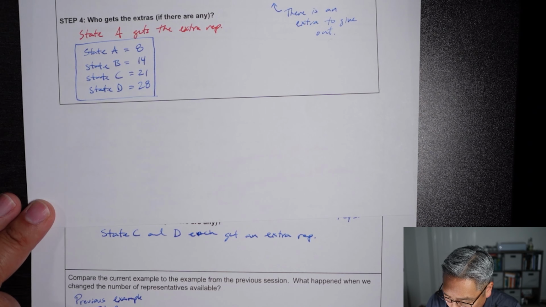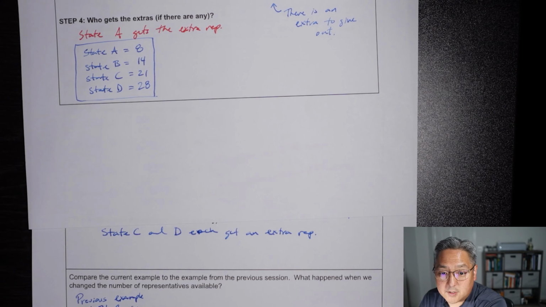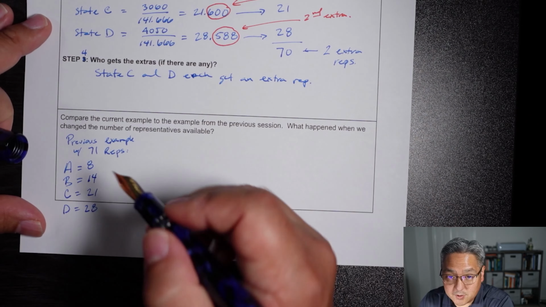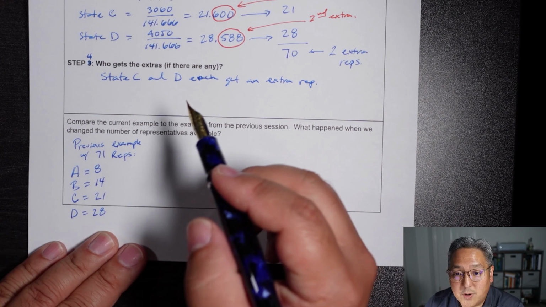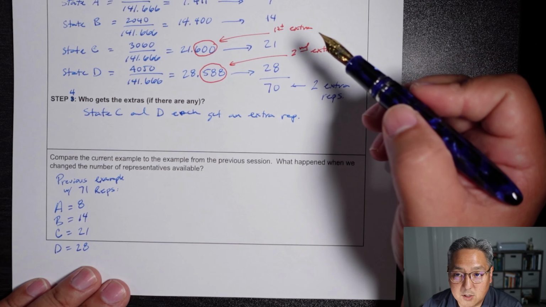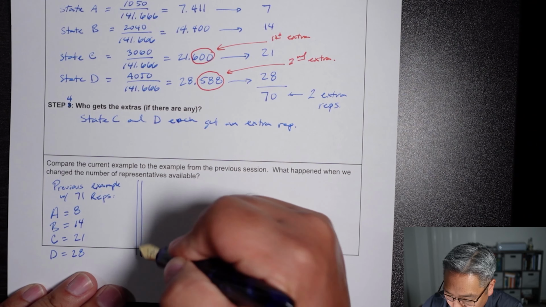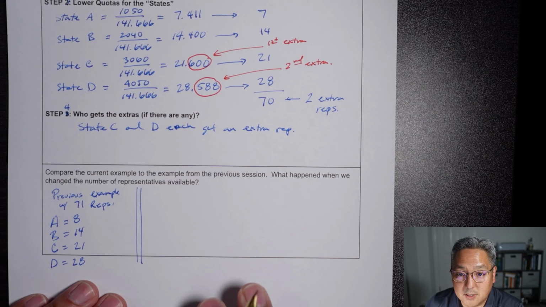We had state A got 8, state B got 14, C got 21, and D got 28. I'm writing that down here, and I'll leave my notes for the previous example down there because we want to compare it with the current one. Let's finish off this one.